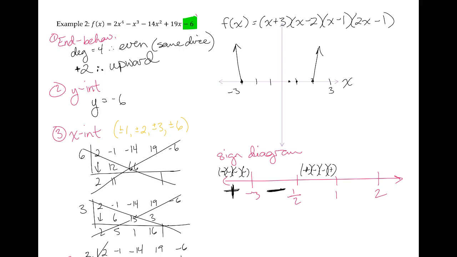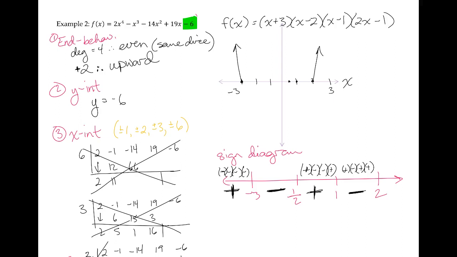So overall, this creates a positive product because those two negatives cancel out. Between 1 and 2, so 1.5 plus 3 is positive. 1.5 minus 2 is going to be negative. 1.5 minus 1 is going to be positive. 1.5 times 2 is 3 minus 1 is going to be positive as well. So this whole thing is negative.